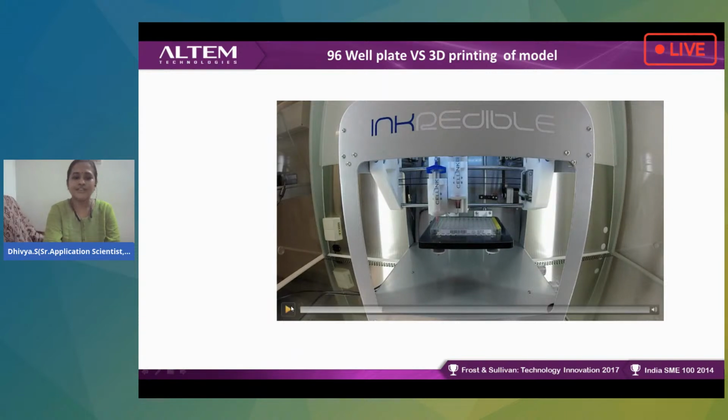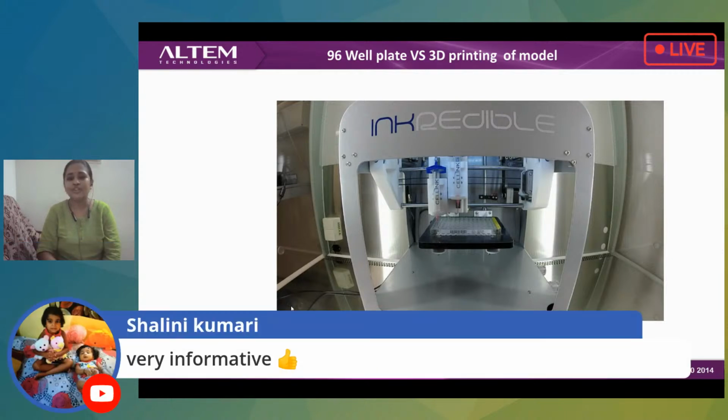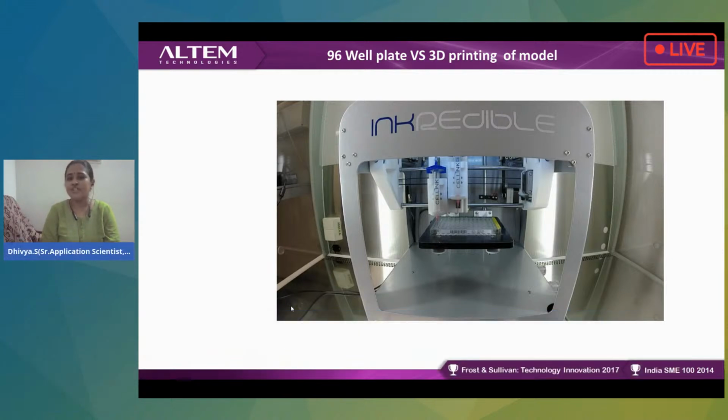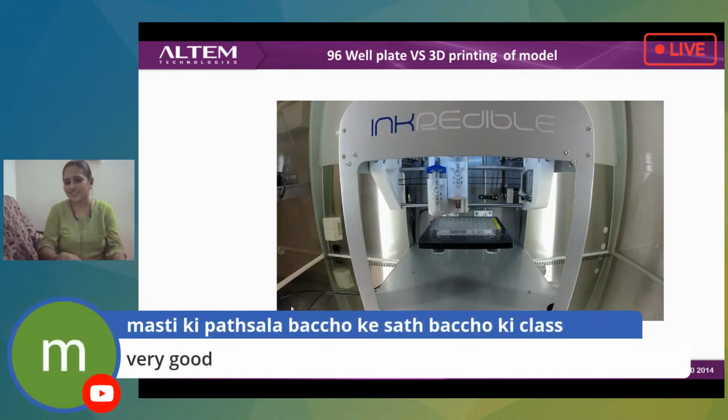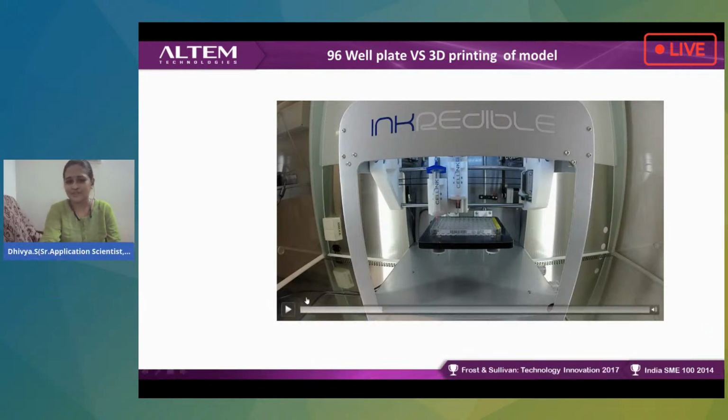You can see that initially any bioprinter needs to have a calibration. After doing the calibration, you can print your cells after loading your bio ink calculations. So you can see this print. We started printing it.